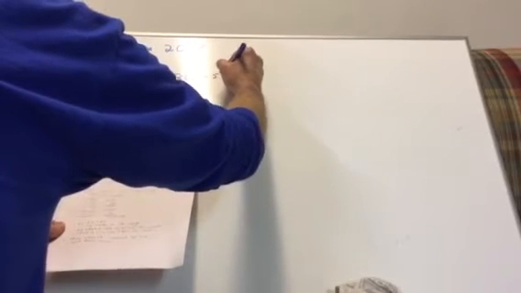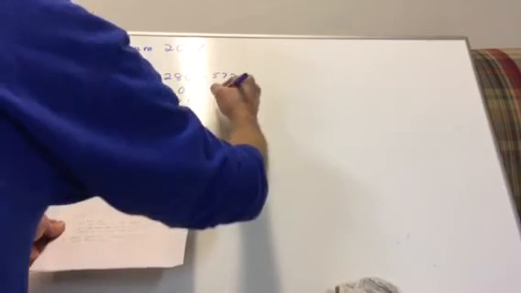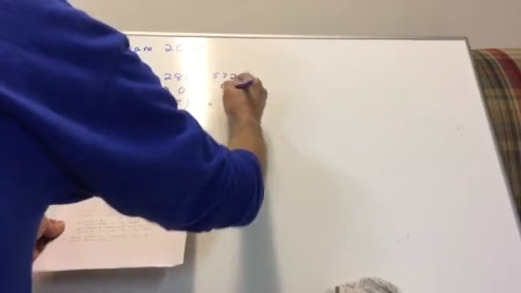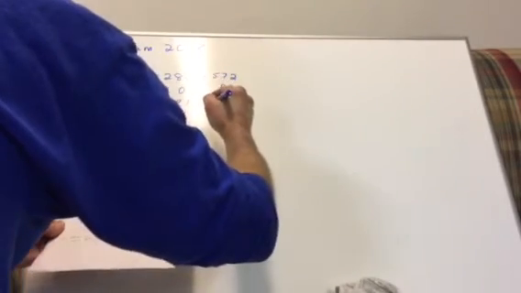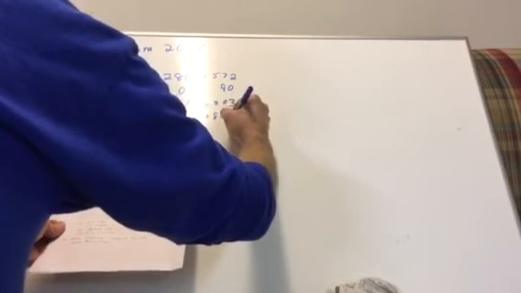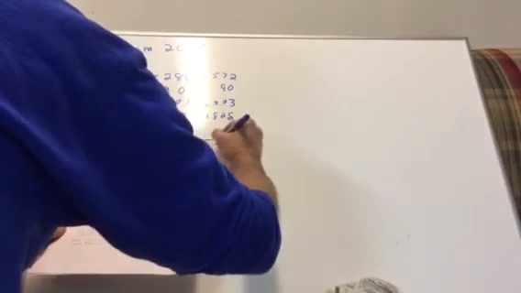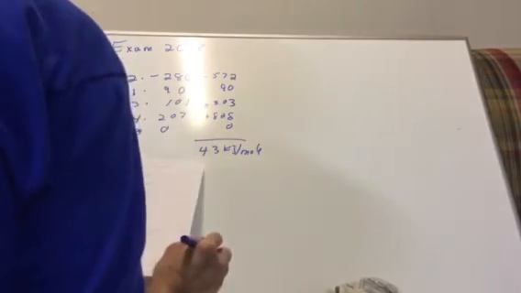So negative 572, 90, negative 303. Okay, because this is minus here, products minus reactants.